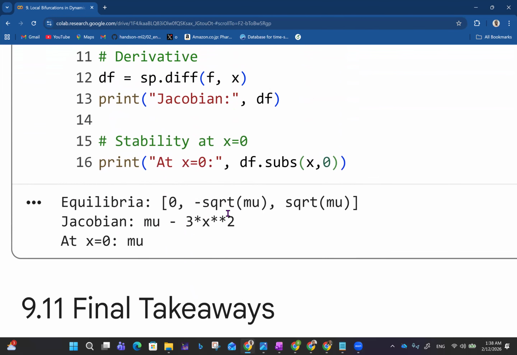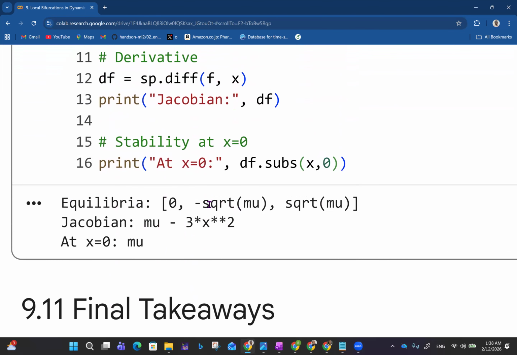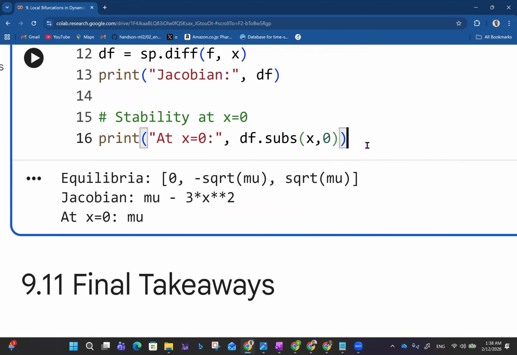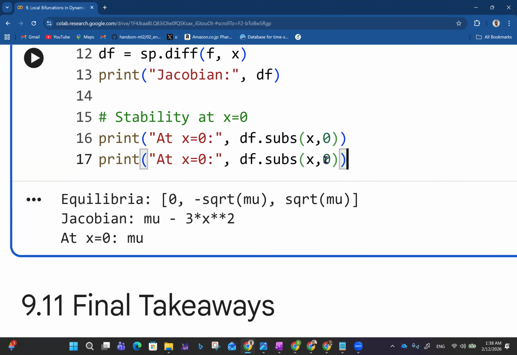Okay, yeah. We can even do more, right? So you have df dot subs x comma 0. I want to try out something. So the first result is 0, as you can see here. What if we also do x comma 1 now? In this case, x is minus square root of mu.